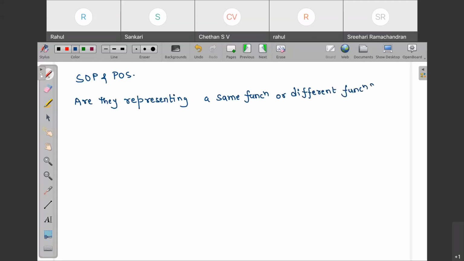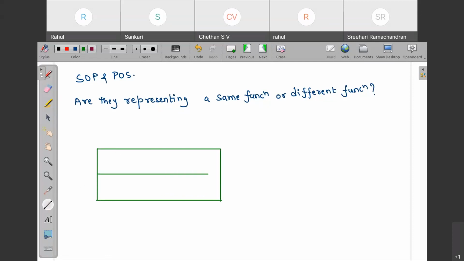Tell me quickly. Are they representing the same function or a different function? Same function. Are you sure? Same function or different function? What do you guys think?